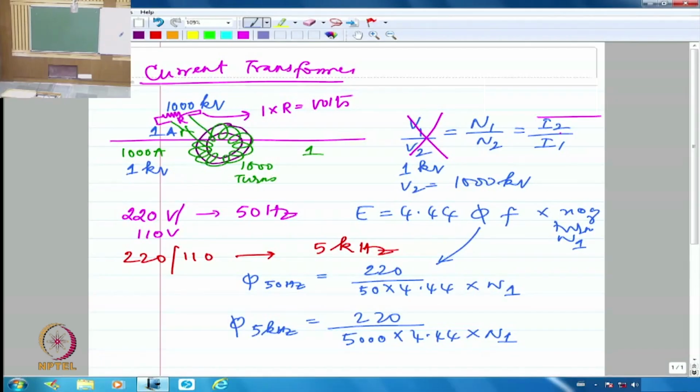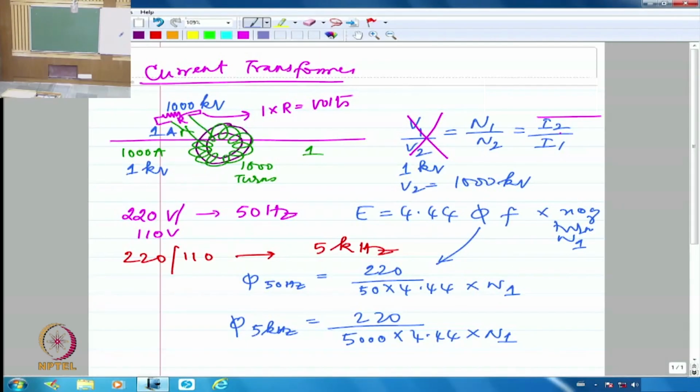So I can go for less and less amount of flux as I increase the frequency further and further, which means flux density multiplied by cross sectional area, that's what gives me the flux. So cross sectional area can be decreased if I assume that I am using the same material whose flux density is fixed. Bmax is fixed for any material.